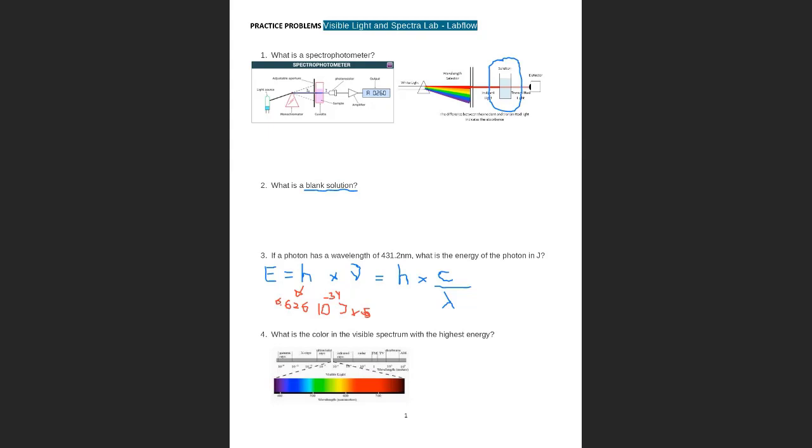So this is the value of Planck's constant. And what is the speed of light?